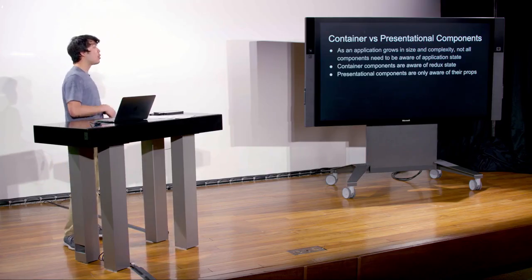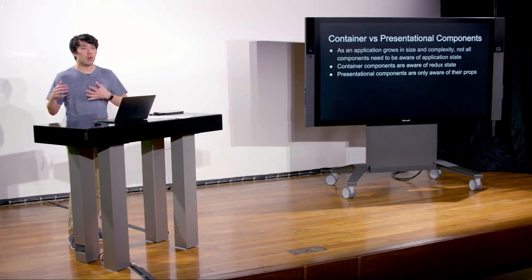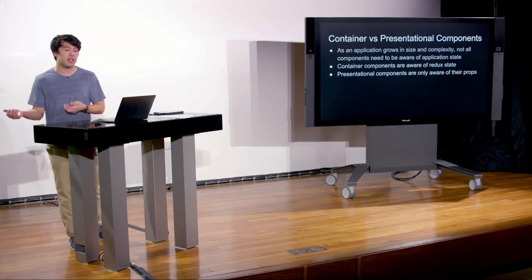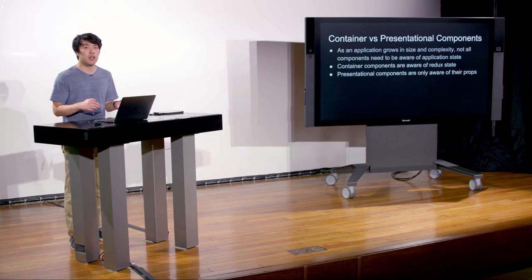And as our application grows in size and complexity, we probably don't want every single class to be listening to our application state. And likewise, we don't want every single component to just wait for the props that are passed down, because that was part of the reason that we moved to Redux in the first place.